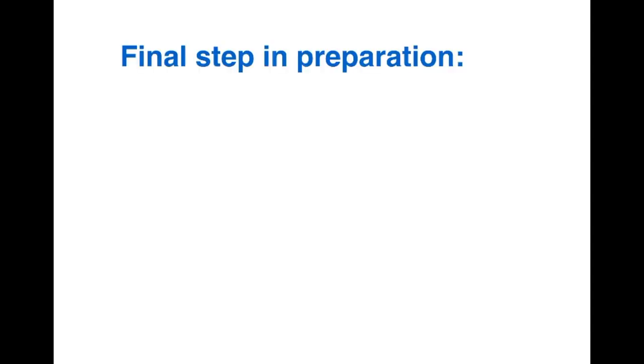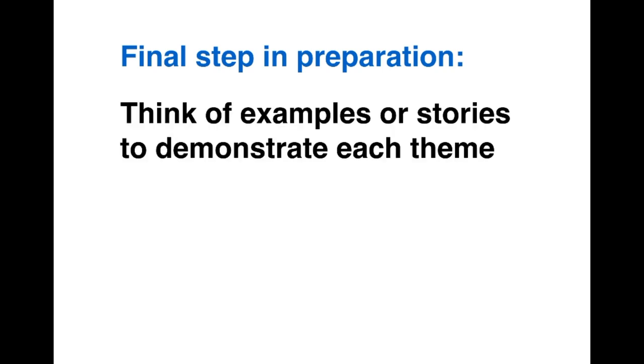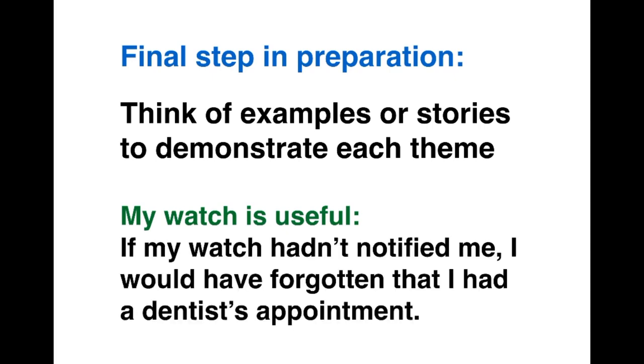And as I've said before, a final useful step in your preparation is to think of examples or stories to demonstrate each vocabulary theme. For example, if I said, my watch is useful, the useful theme, I could give an example of that. If my watch hadn't notified me, I would have forgotten that I had a dentist's appointment yesterday, for example.